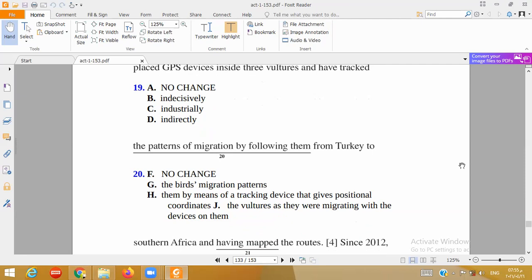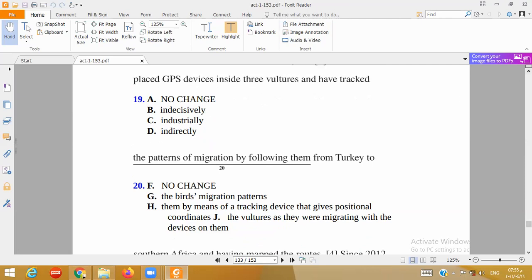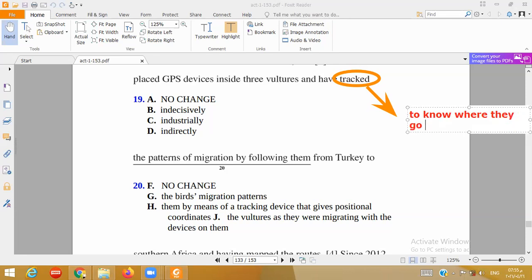So here the scientists wanted to know where vultures go, so they put GPS in the vulture to track. You know what it means to track? It means to know where they go. So those three vultures were tracked, they were being watched, migrating from Turkey to South Africa.